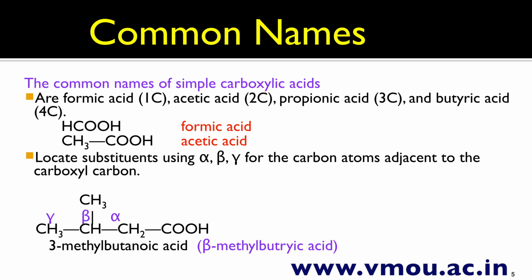If a carbon is attached to the carboxylic carbon, then this carbon is assigned alpha, and as the chain goes on, they are assigned beta, gamma. For example, 3-methyl butanoic acid has the common name, which is not an IUPAC name, beta methyl butyric acid.